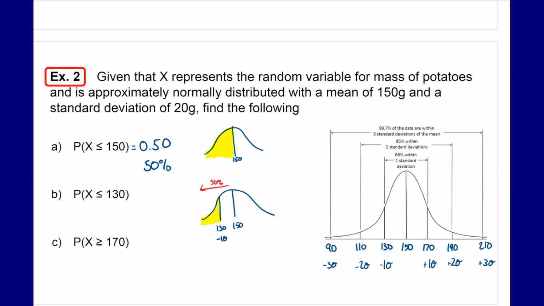We also know that now that I'm 1 standard deviation away and I'm looking below that, from the mean to 1 standard deviation, that's 34%. So rather than adding up the three different groups, I could just say 50% minus 34% gives me 16%.